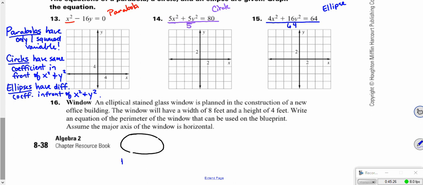So this horizontal width, they said, is 8 feet. What does that tell me? That tells me that my A is 4. Then they tell me the height of the window is 4 feet. So what does that tell me? That tells me that my B is 2.